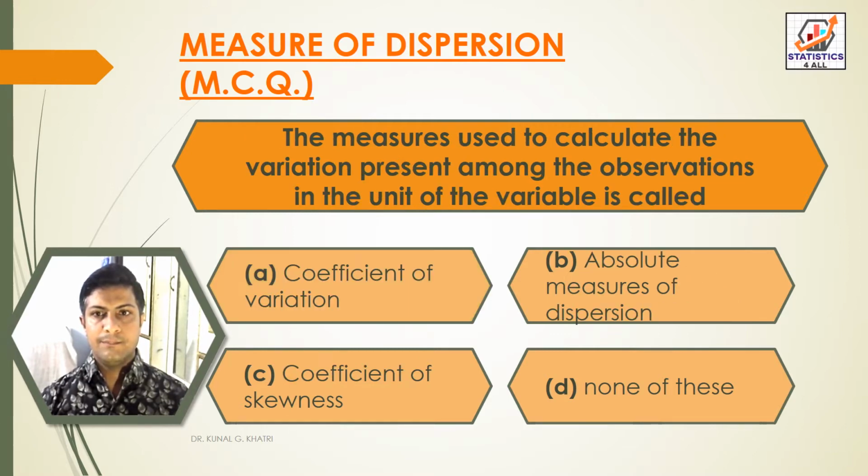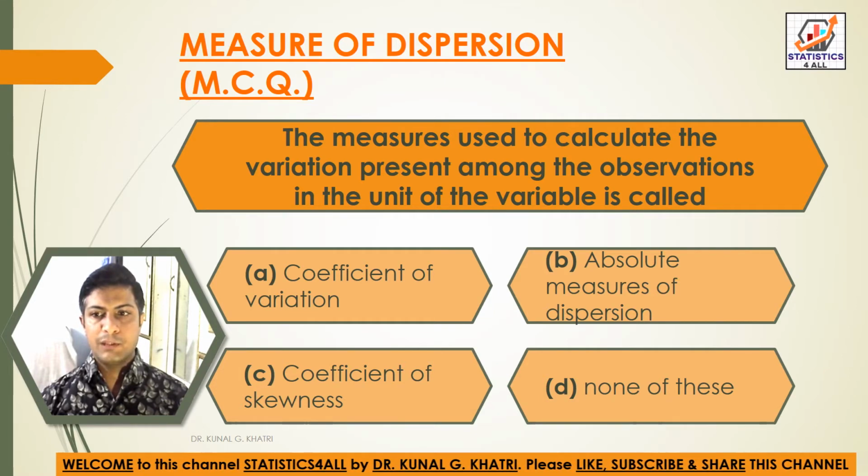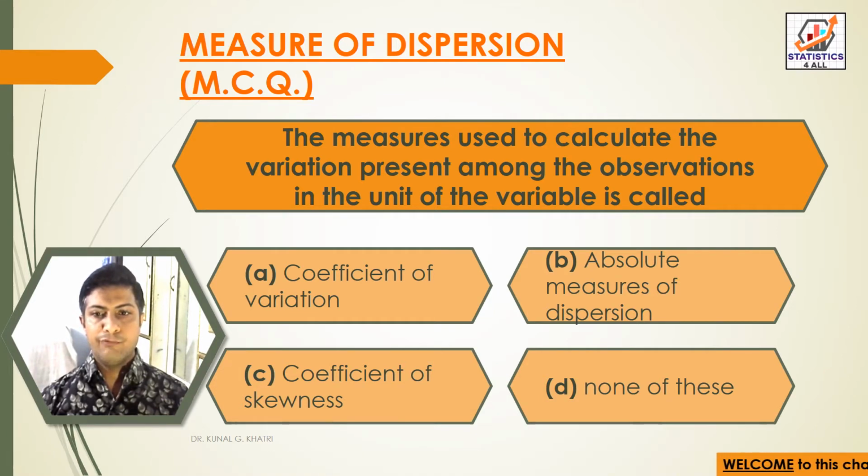Next question, the measures used to calculate the variation present among the observations in the unit of the variable is called option A coefficient of variation, option B absolute measures of dispersion, option C coefficient of skewness, option D none of these.